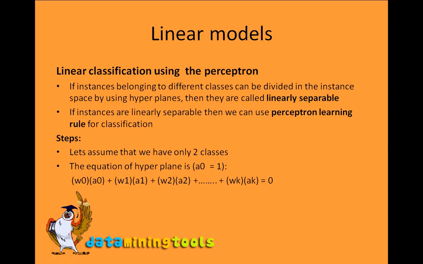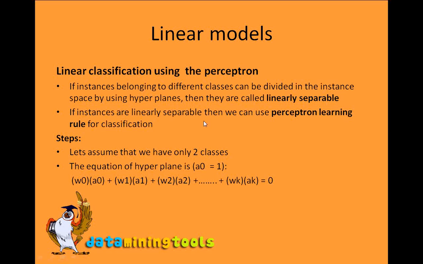It might be a two-dimensional instance space, three-dimensional, or whatever dimensions. If somehow we can divide that instance space into different parts by using a hyperplane, such that each part has a particular class and no other class in it, then these instances are called linearly separable. If instances are linearly separable, then we can use the perceptron learning rule for classification.